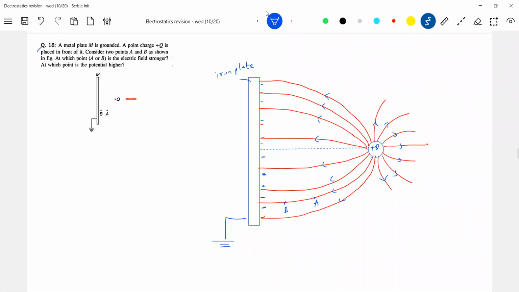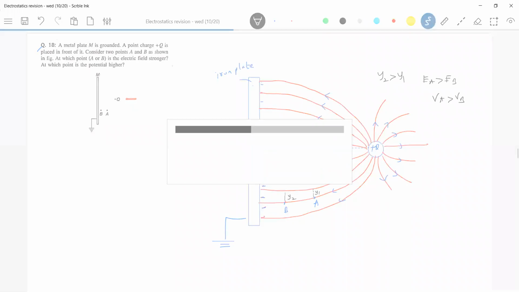How to decide that? Once again, at A, definitely. Look at this distance, the spacing. For our calculation purpose, I'll show it like this. Look at y1, y2. y2 will be greater than y1, the spacing between the lines. So therefore, EA must be greater than EB. Then the lines of force are always directed from higher to lower potential. So VA greater than VB.